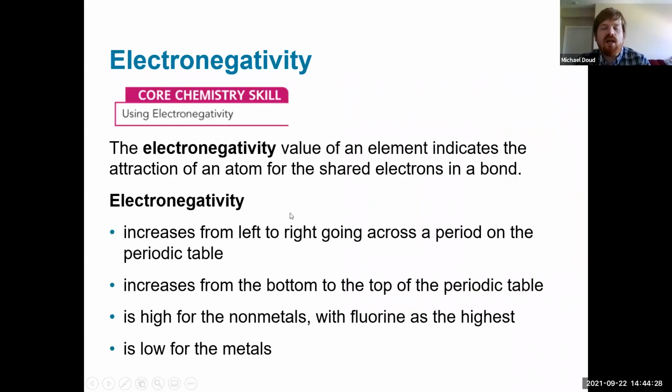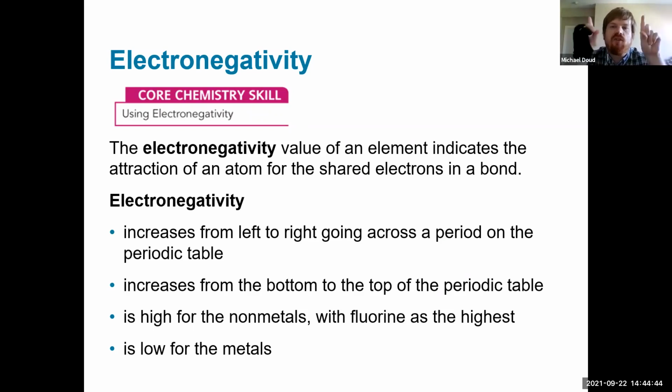Okay, so let's go ahead and define electronegativity first. The electronegativity value of an element basically gives the attraction of an atom for the shared electrons in a bond. Notice we said in these covalent bonds that electrons are shared, but that doesn't always mean that they're shared equally.